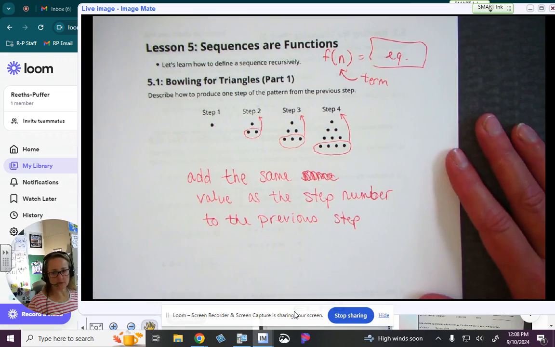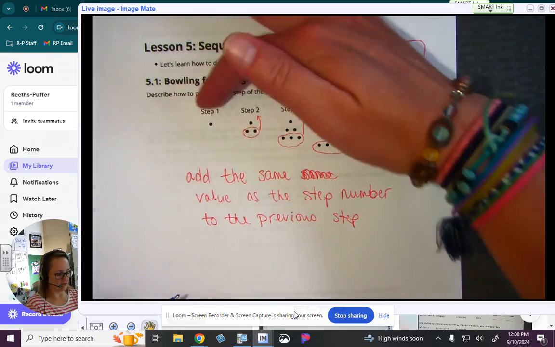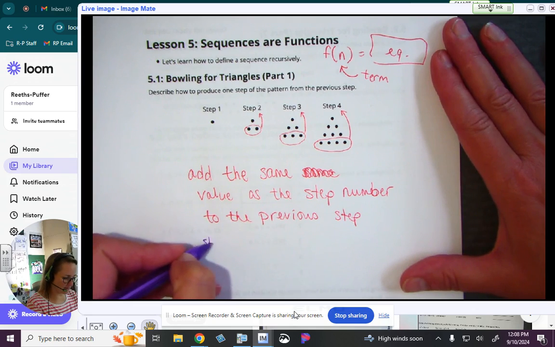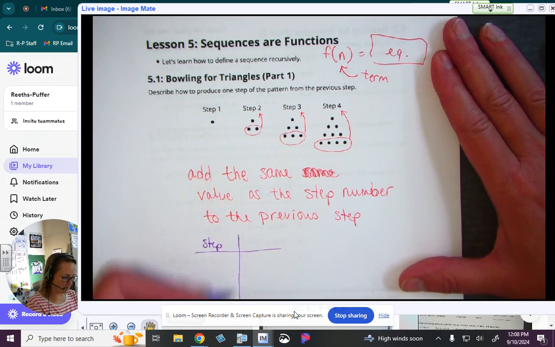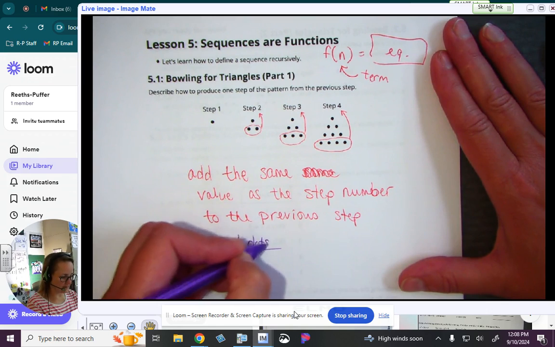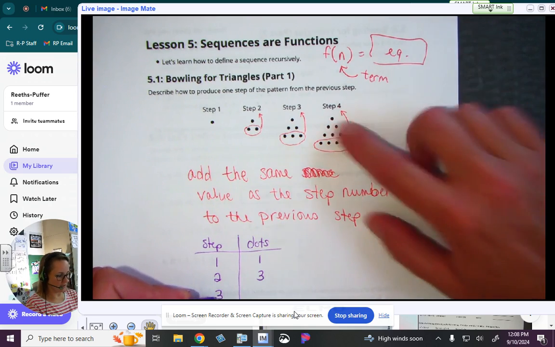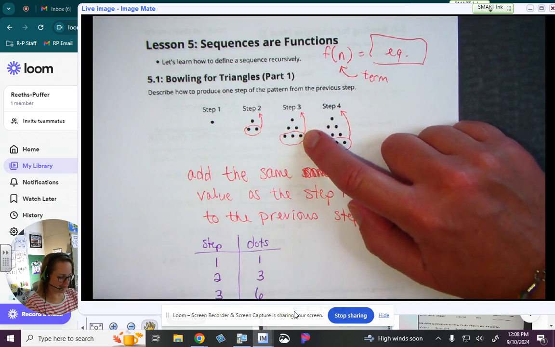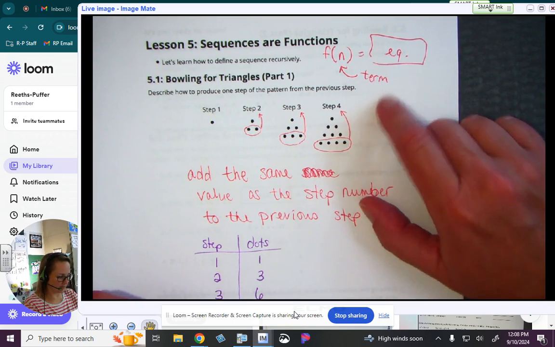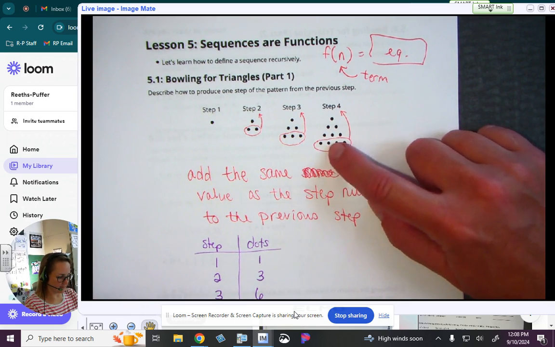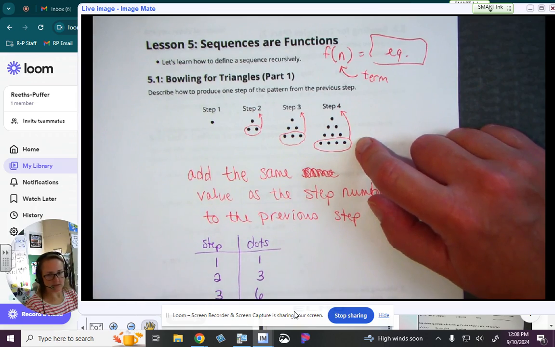So my sequence would look like, if I'm turning this sequence of dots into steps, I've got step and I've got number of dots. Step 1 has 1 dot. Step 2 has 3 dots. Step 3 has 6 dots. Step 4 has 10 dots.